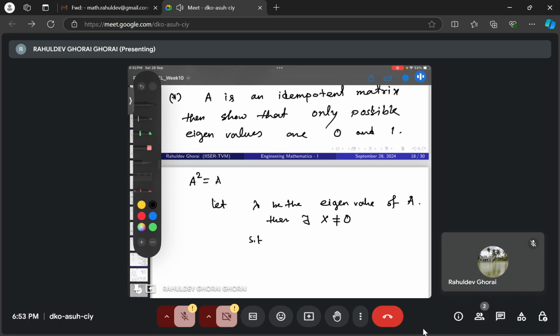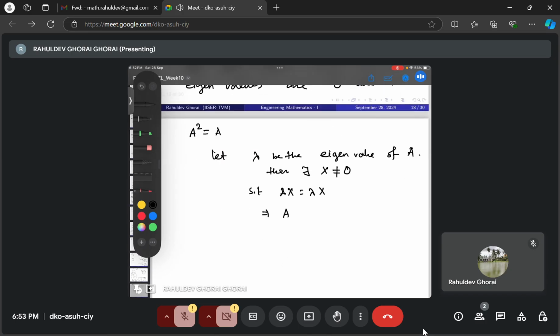And then Ax is equal to lambda times x. From here, if you multiply both sides by A, this will be A times Ax equal to A times lambda x, which will give you A squared x is equal to lambda times Ax, right?